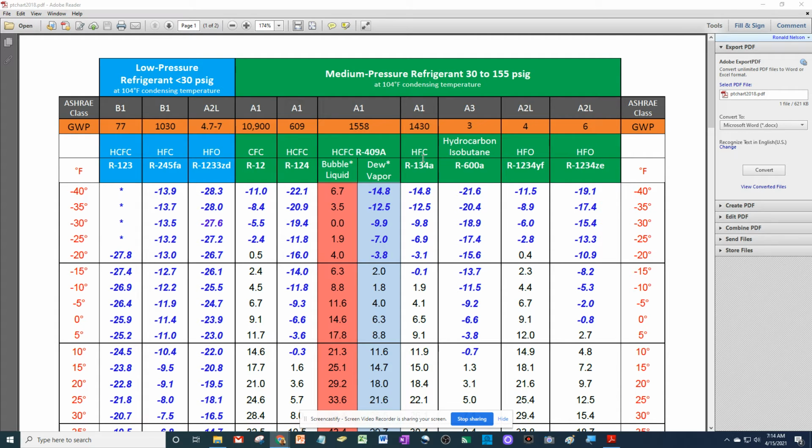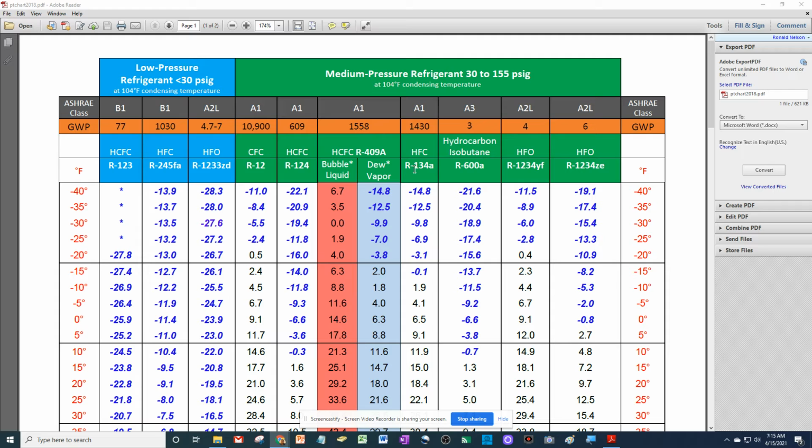All right. This also tells you which refrigerants are CFCs or HCFCs or HFOs. Matter of fact, this one right here, the hydrocarbon, is R600A. This one is used in new appliances like new refrigerators. They're using this type of refrigerant.